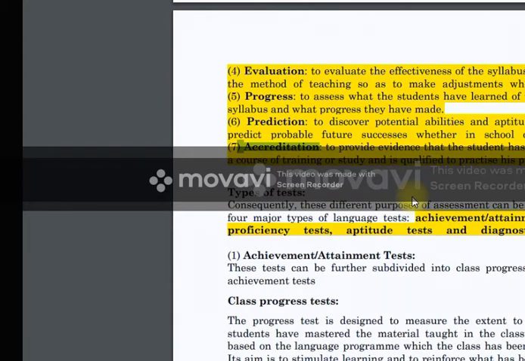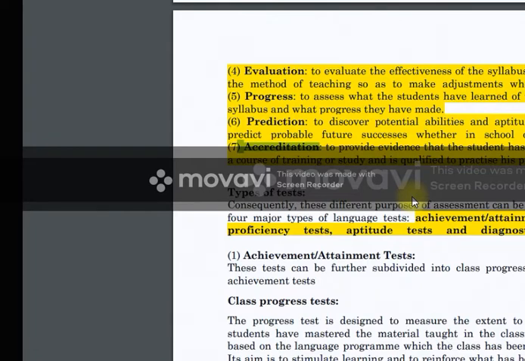So accreditation means certification. We are doing assessment in order to certify that those students are able to practice a specific profession. Why? Because they successfully passed the course relevant to this profession. So these are the main purposes of assessment.